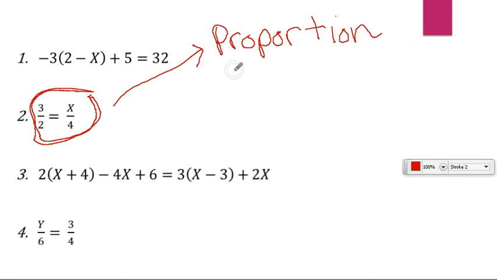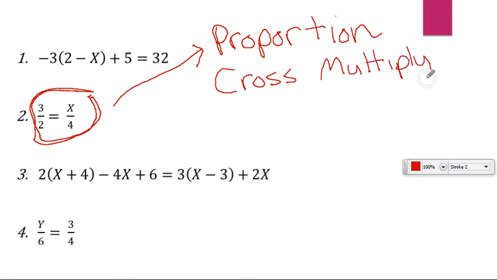And in order to solve a proportion, we're going to do something that's called cross multiplying. Okay, and I know that you've probably seen this before, but I'm going to show you how this works. So make sure that if you have one fraction equal to another fraction, you identify that it's a proportion.